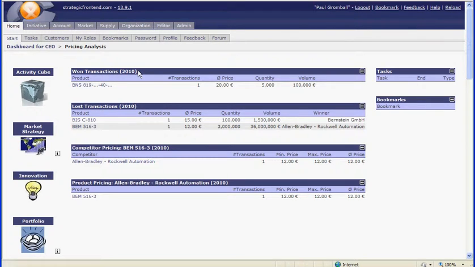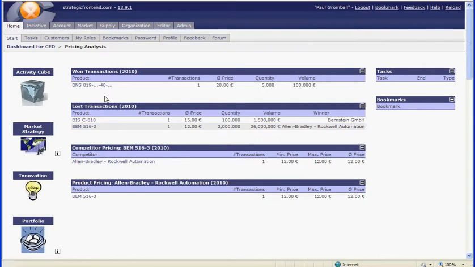One are the pricing of your winning transactions, then the pricing of your lost transactions, then the competitor pricing for the major product, and then actually the product pricing for the major product so far.